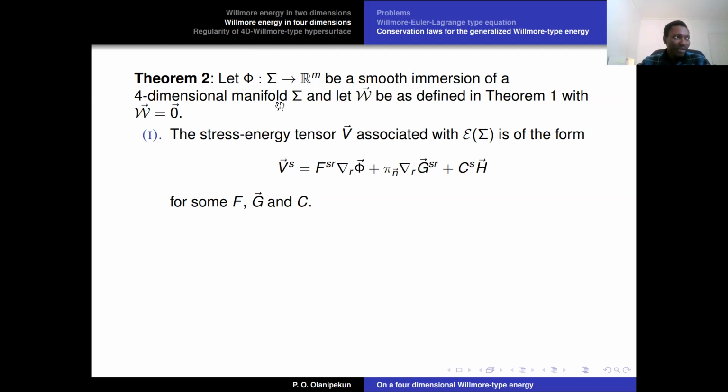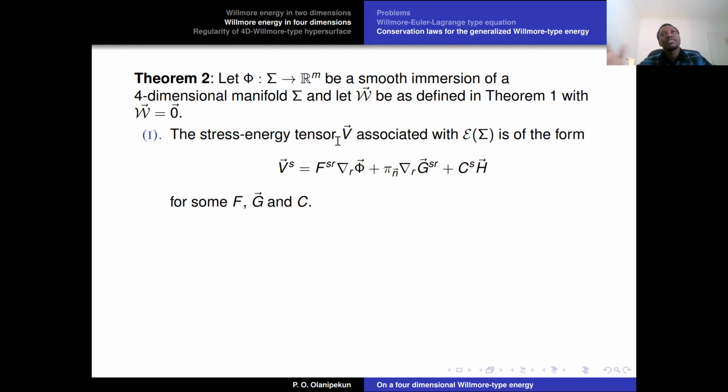So we have that phi, of course, is an immersion of a 4D manifold sigma, and our curly W is the Willmore invariant, which satisfies this equation. So we are at the critical point here. There is a quantity V, which is a stress energy tensor.